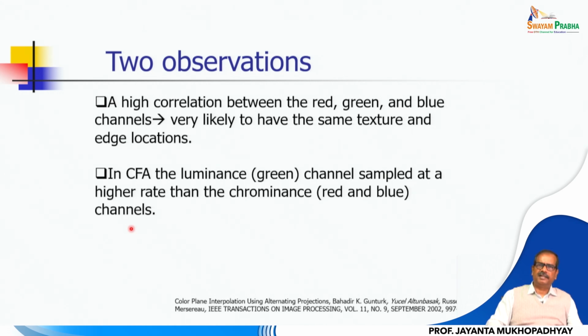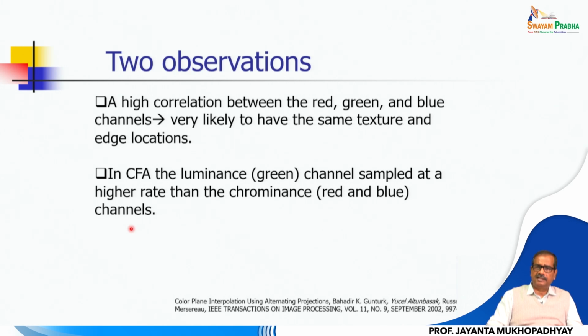And the other one is that our visual system is more sensitive to the green channel and the luminance channel particularly. We have seen luminance sensitivity and chroma sensitivity. In chroma sensitivity, blue and red are very sensitive to the differences.